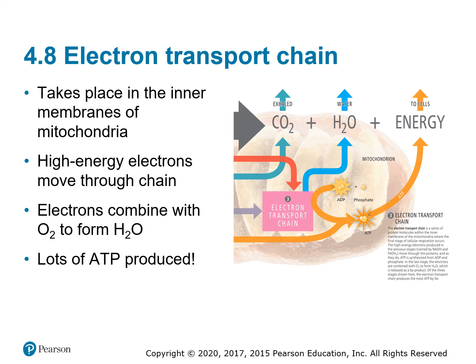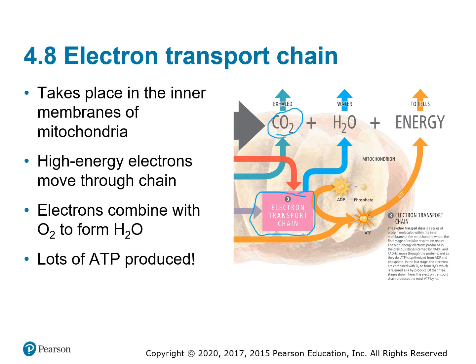The last part is the electron transport chain, and I should say that in the process of the citric acid cycle, CO2 is released, and the electrons being carried by the electron carriers, NADH and FADH2, drop their electrons off into the electron transport chain.